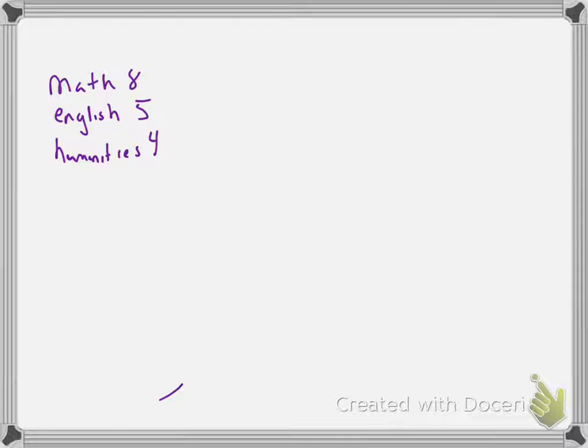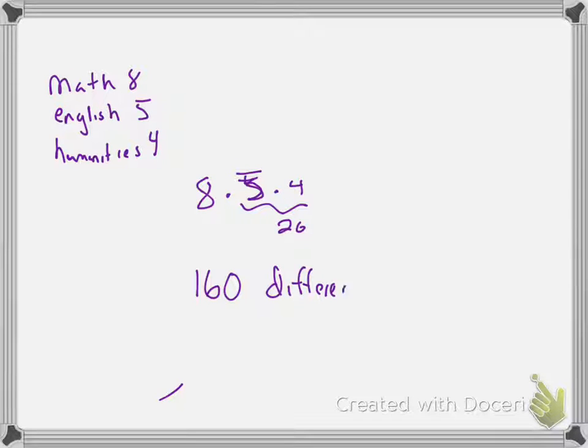Assuming there are no scheduling conflicts, how many different 3-course schedules can you have? Well, you could have 8 times 5 times 4. We know 5 times 4 is 20, and 20 times 8 is 160 different 3-course schedules.